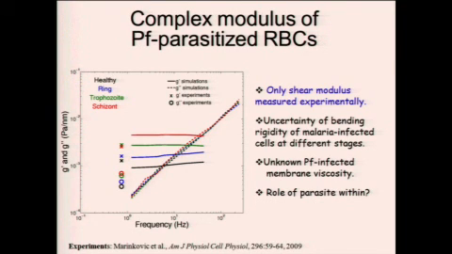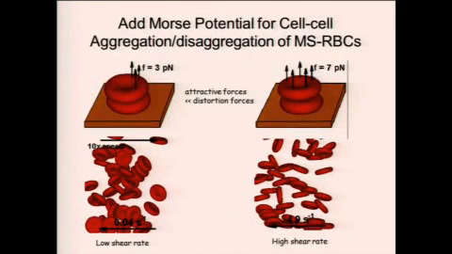All we know is we're characterizing the malaria cells with their stretching properties, and we don't know what the role of the parasites is, and we don't know how the membrane viscosity changes because we don't have enough data.